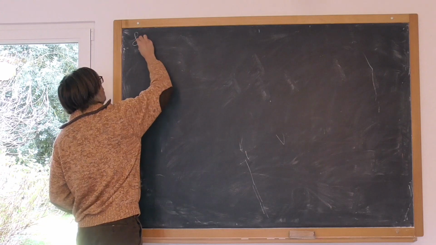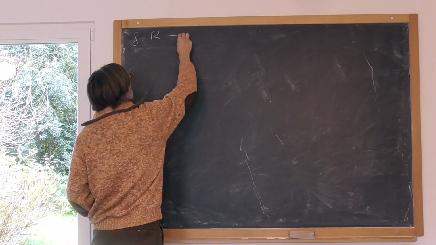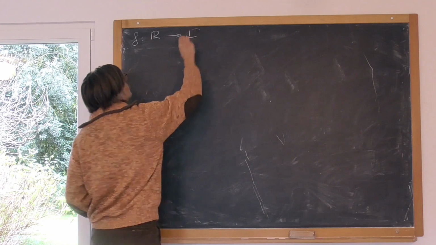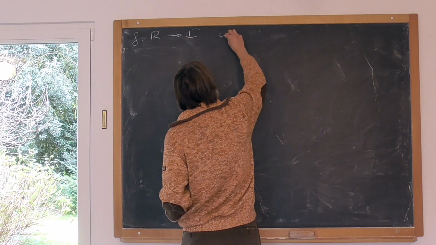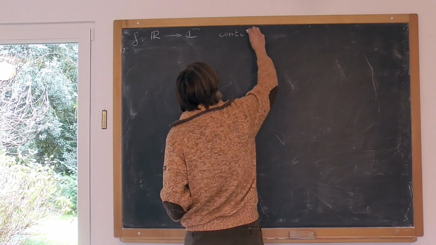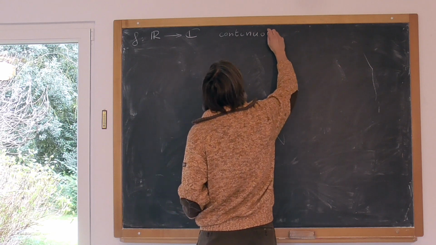So, when you have a function f defined on the real line with complex values, let's say that f is, as usual, at least continuous, in our case the restriction of a holomorphic function.